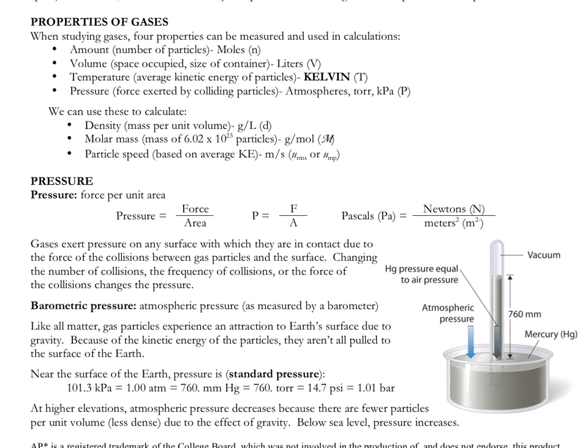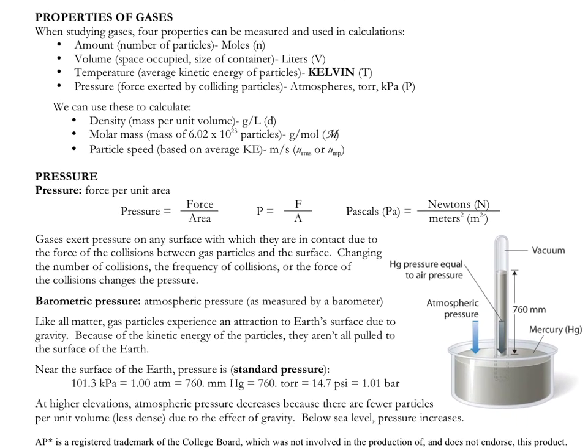So pressure is the thing that is unique to gases or different in terms of the way gases experience it compared to other things. Pressure is defined as force per unit area. So we've got a couple different equations here. And in physics, the unit we use for force is newtons. Area can be in any distance squared. Very often it's meters squared.